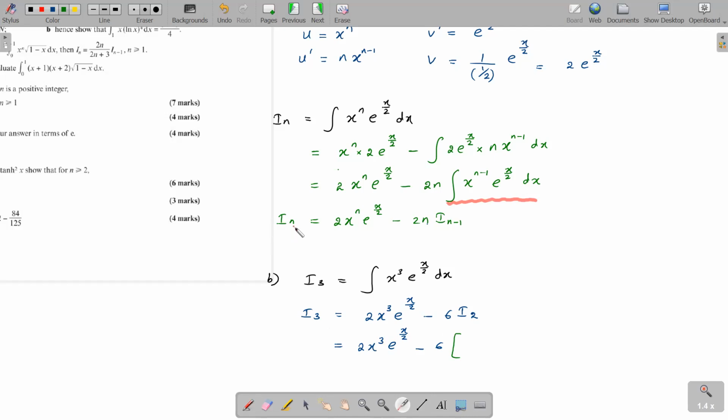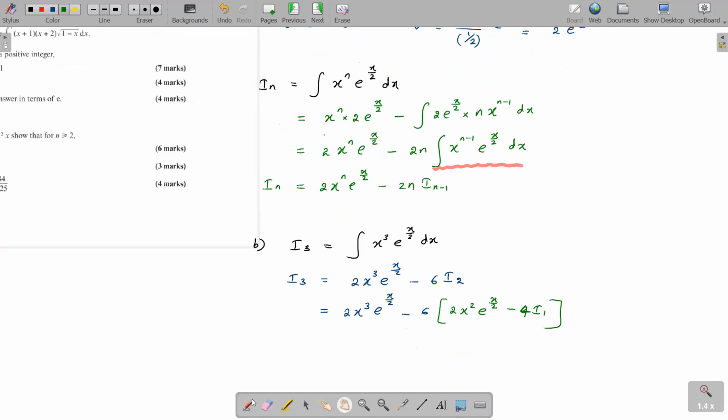What is I_2? 2x^2 e^(x/2) minus 2n I_{2-1}, and 2 minus 1 is I_1. Here n is actually 2, so 2 into 2 is 4, so 4 I_1.